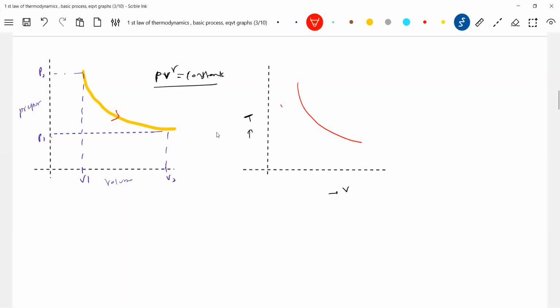so what is the formula for this? This will be TV to the power of gamma minus 1 equal to constant. Can you remember this? So similarly, we'll go for the pressure versus temperature graph.